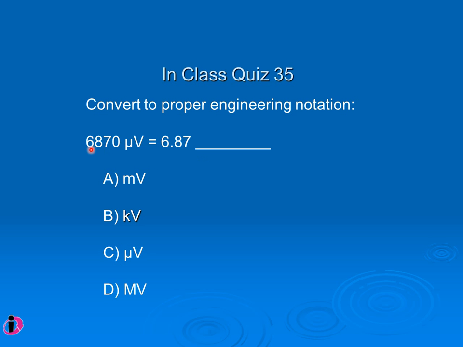You are decreasing the number, right? So the prefix will be increased. This is micro, meaning 10 to the negative 6. If you increase it, it will be 10 to the negative 3, which is milli, right? So the right answer is A.